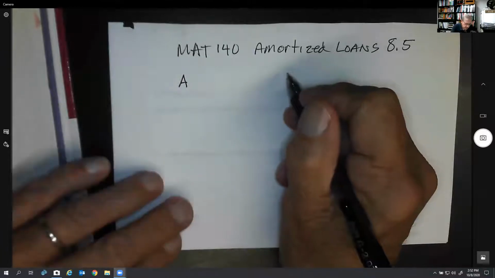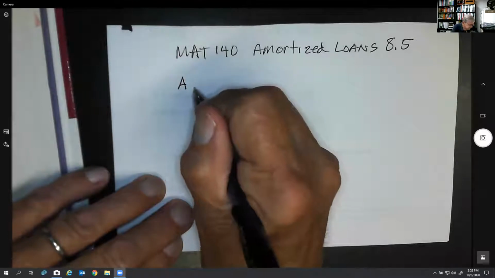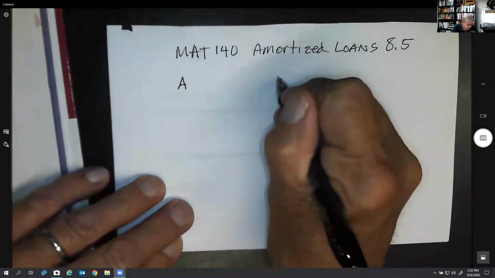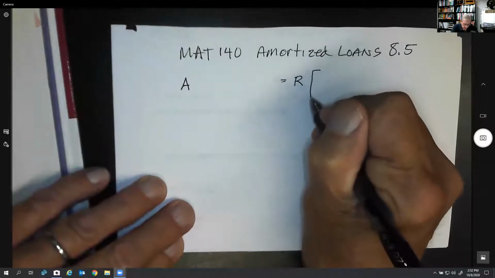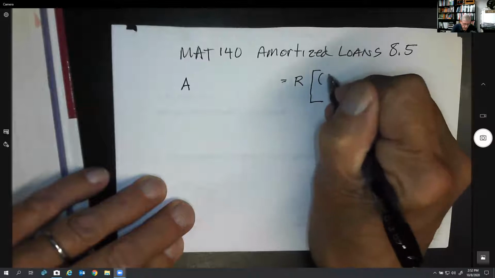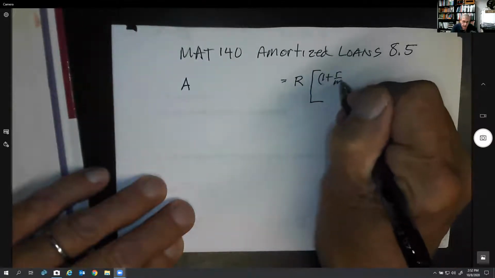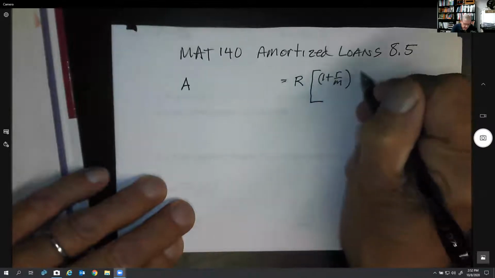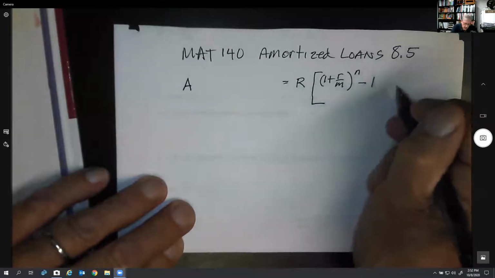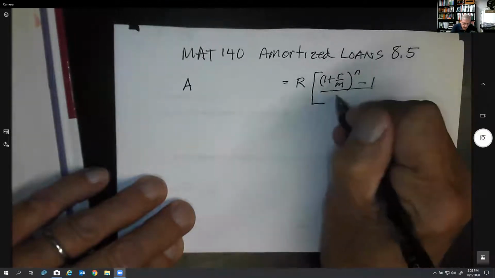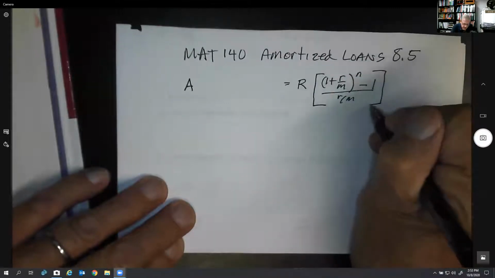A equals R times, and then we had a bracket here, remember, and 1 plus, write the one down, R over M raised to the n power minus 1. And that whole thing was over R to the M. And we used this last time.